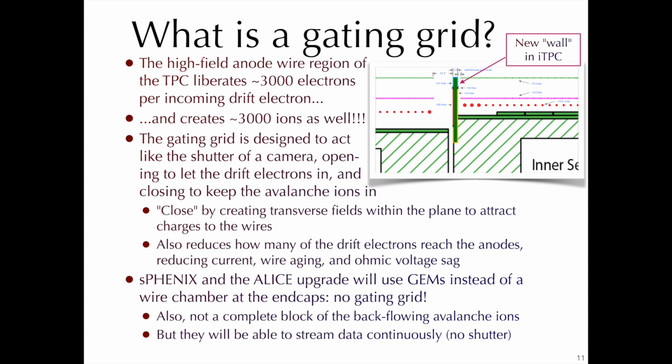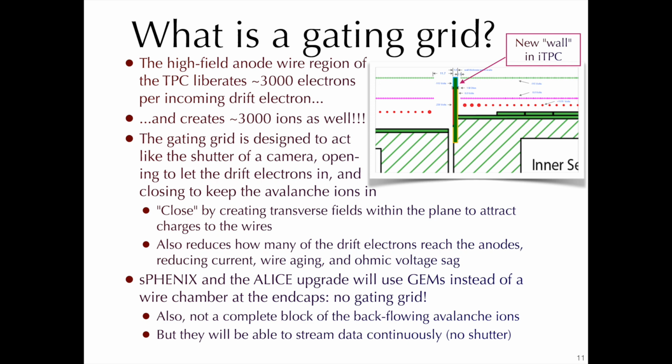The downside of this is that, of course, for all these electrons that we liberate in the avalanche, we also create about 3,000 ions. So the ions are not something that we want going back into the TPC, because those ions will essentially create an electric charge in the volume of the TPC, and that will cause an electric field that distorts the uniformity of the electric field that we want.